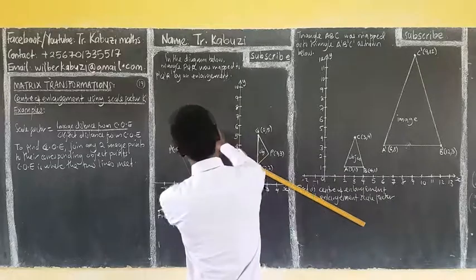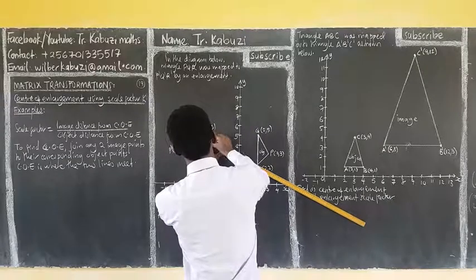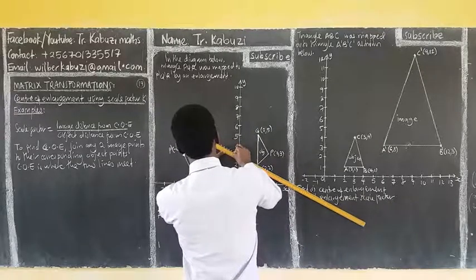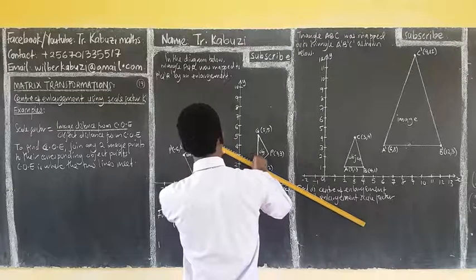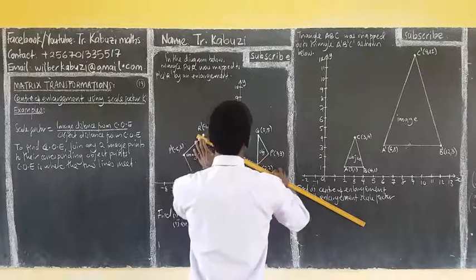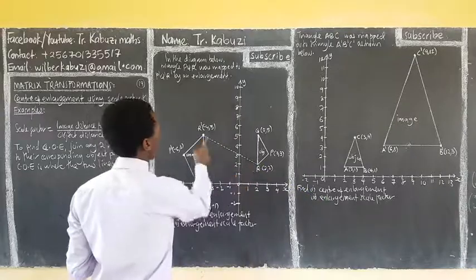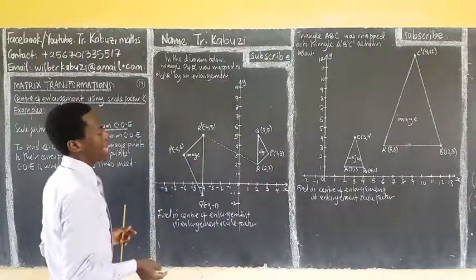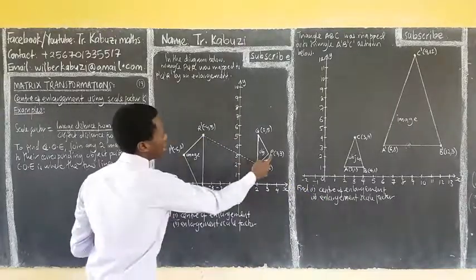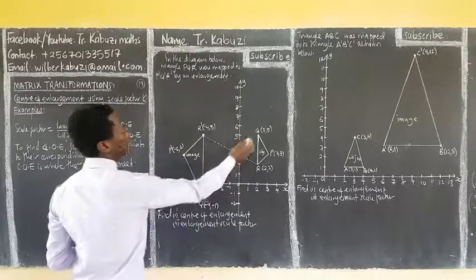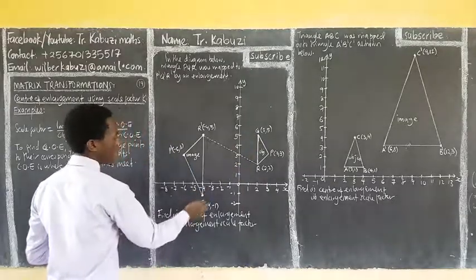So now I join, you use the lines if possible. So I'm done now, I'm joining R to R prime. Now get any other, you can get P to P prime or Q to Q prime.